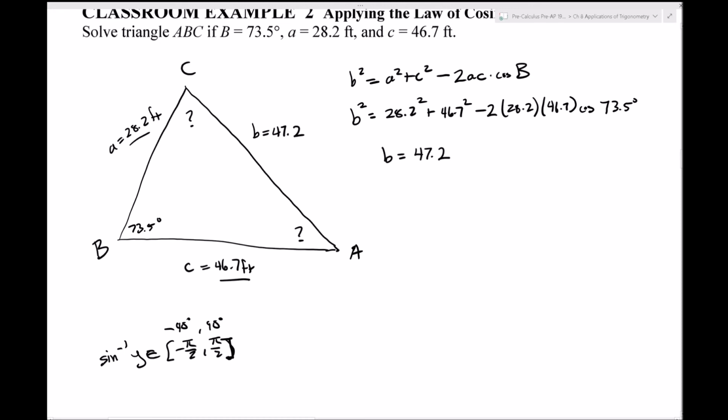So inverse sine will only spit out acute angles for you. It's not going to deal with obtuse angles. So it's only going to give you acute angles. So what that means is, the reason why I checked, since we're working with an acute triangle, all of these are acute angles, and if I use the law of sines, I'm going to have no problem with reporting the exact answers I get using the law of sines whatsoever.